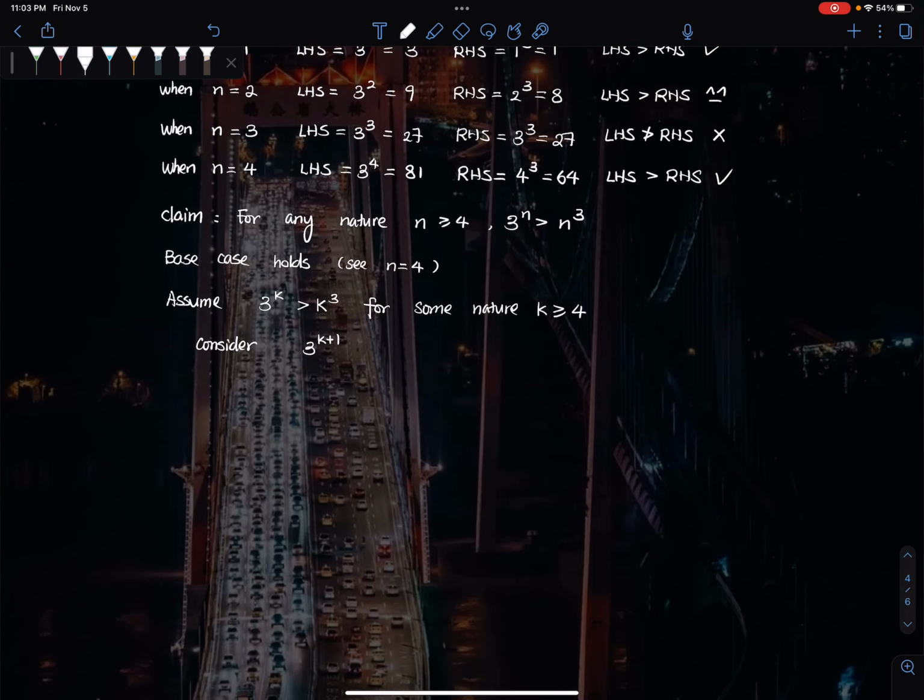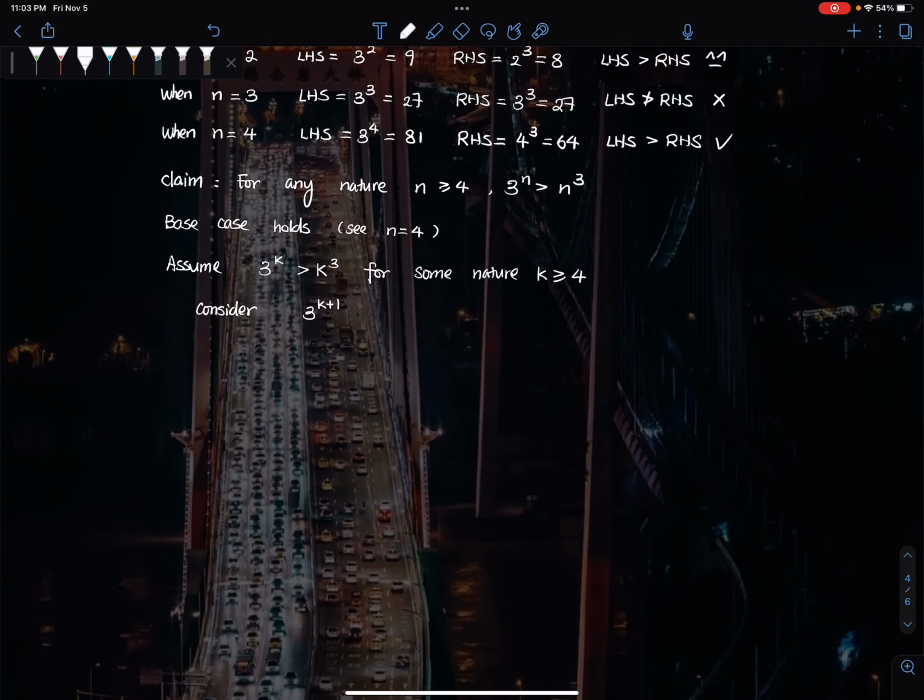Consider 3 to the k plus 1. I want to show this is greater than k plus 1 to the power of 3. In order to show that, remember, you want to use your IH.